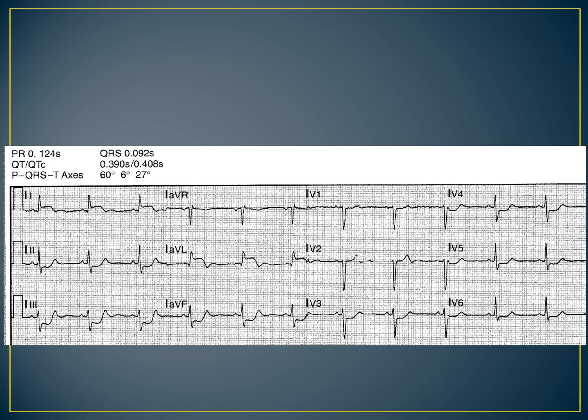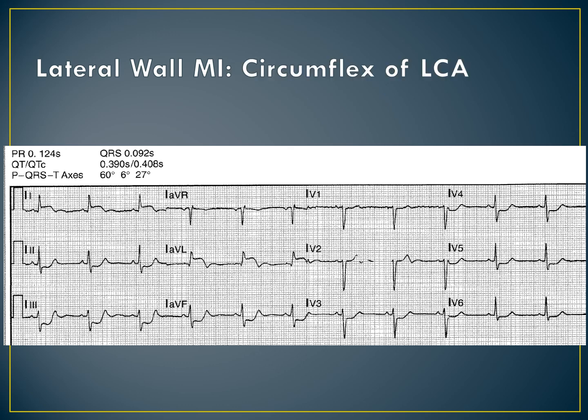Here's your next one. Where is the MI located in this 12 lead? If you said lateral, you're correct. What artery is occluded here? If you said the circumflex branch, you are correct.